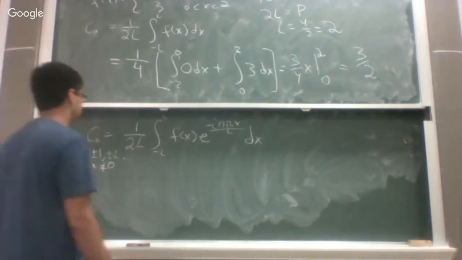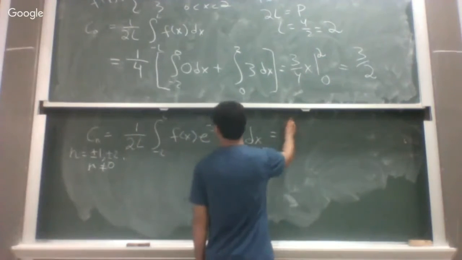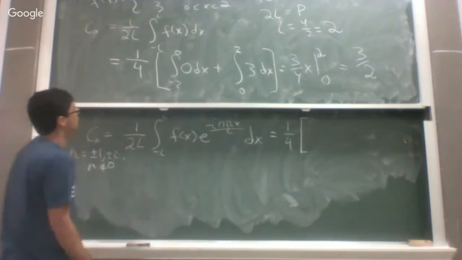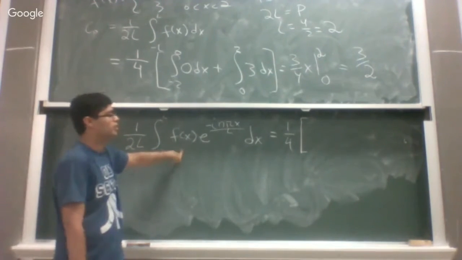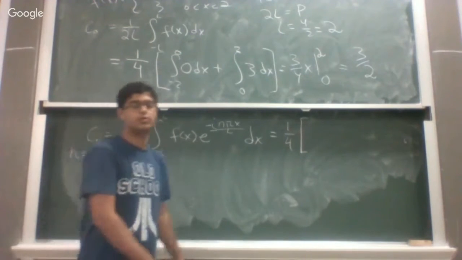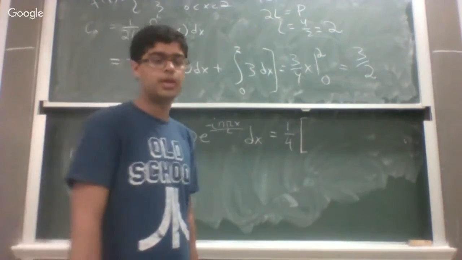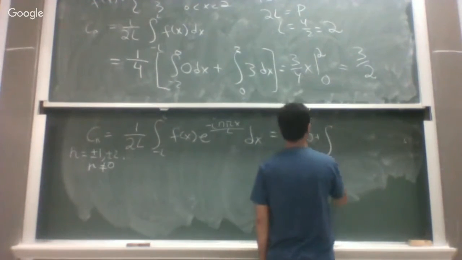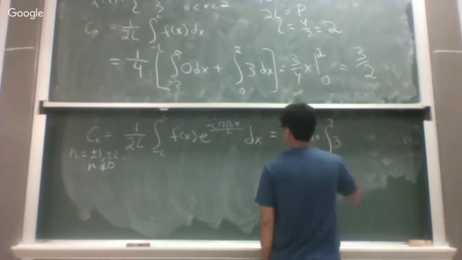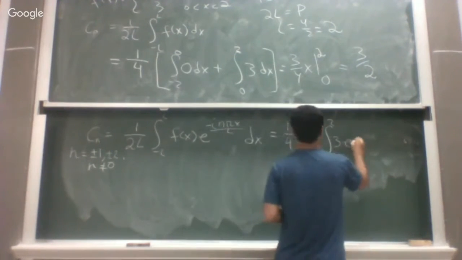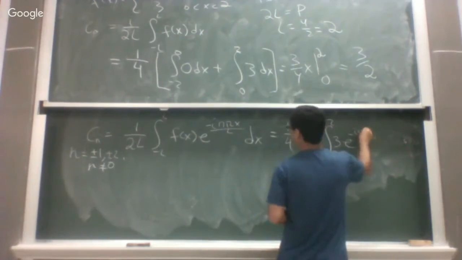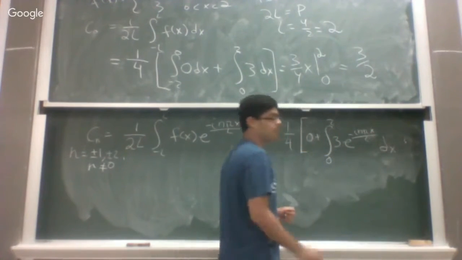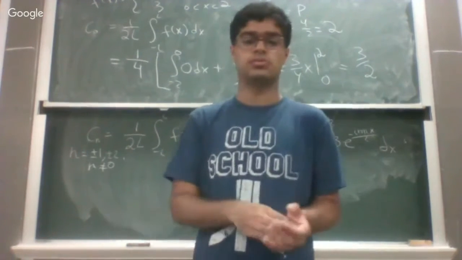So for that, we get 1/4. Now the first piece I'm not going to write, because with a 0 here it's going to go to 0. So it's 0 plus the integral from 0 to 2 of 3 times e to the negative i n pi x over L dx, and L is 2.